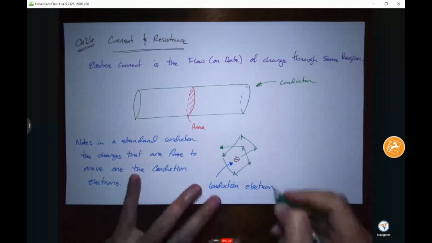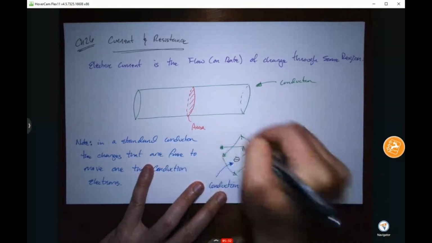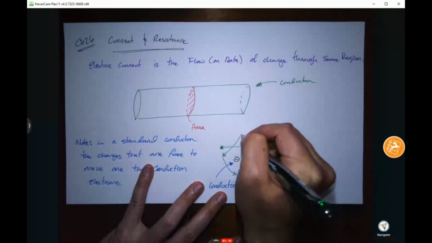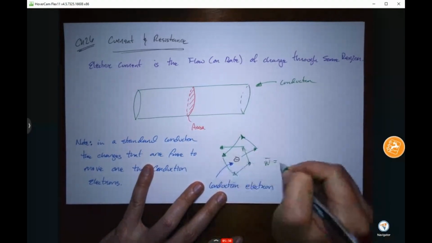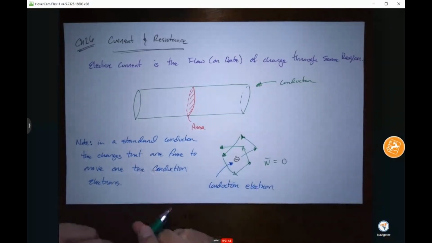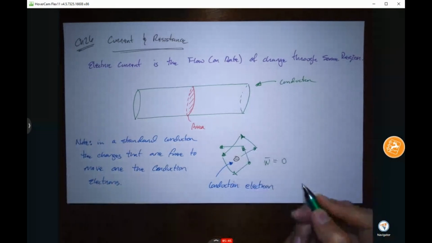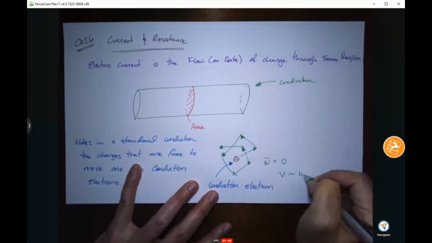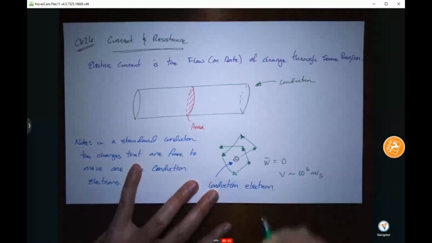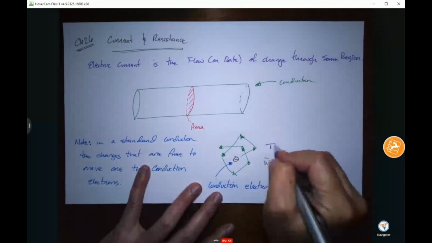Okay. And so what we get is that the average velocity of this kind of random motion of the electrons, in the absence of any kind of electric field, is 0. So on average, it goes nowhere. But if you look at the magnitude of the velocity, then it's going to be on the order of 10 to the 6 meters per second due to its temperature.